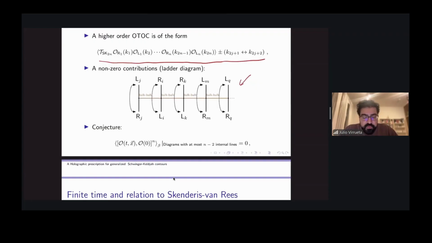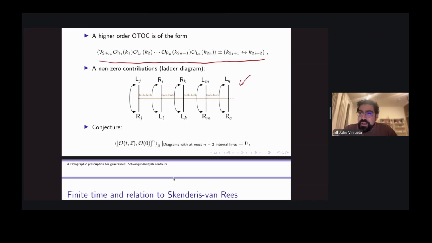So we have a conjecture that we have not quite proven, which is that in the same way that for the 4-point out-of-time order correlator, contact diagrams do not contribute, again, by the intuition that you need enough exchange legs to actually explore the full bulk geometry. If you consider a higher order out-of-time order correlator, once again, you need a higher order of degree on your exchange diagrams to have non-zero.